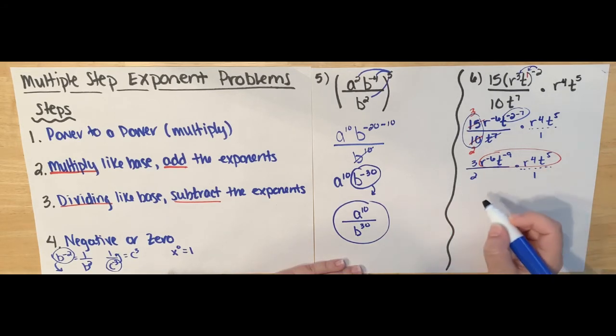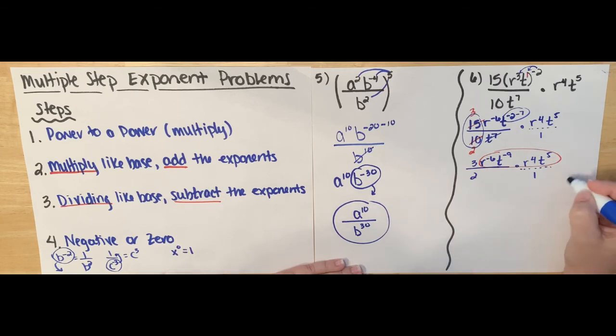So the r's here, I'm going to go ahead and do some side work since this is getting a little messy. I've got r to the -6 times r to the 4th, which means I'm going to end up with r to the -2nd. I'm just going to put a squiggle here to let me know it's some side work. And then I've got t to the -9th times t to the 5th, which is going to result in t to the -4th.